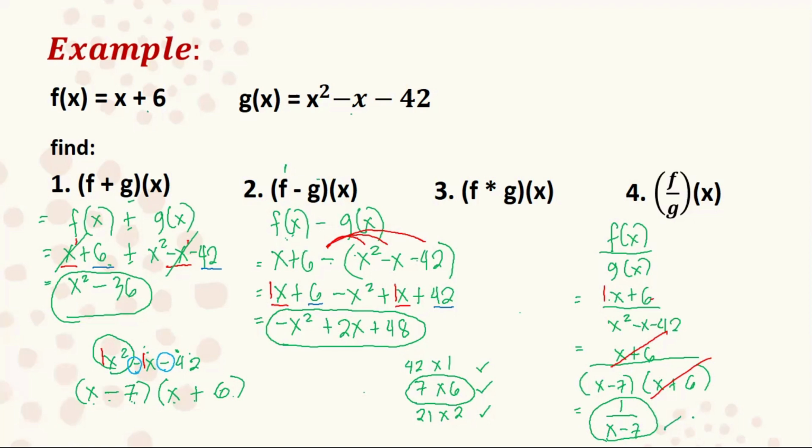So it's quite confusing, pero madali lang siya pag alam nyo kung paano gawin yung factoring and kung alam nyo kung paano mag-combine ng like terms. So dapat mag-review kayo sa algebra, specifically factoring and combining like terms. Okay? So that's it.